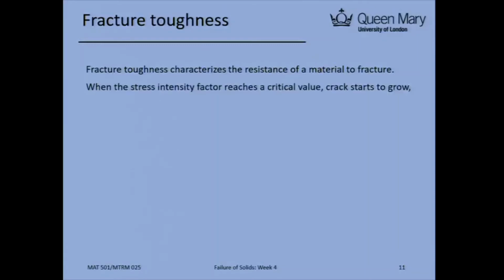Once you keep applying your loading and increase your stress, your stress intensity factor will also increase until you reach a critical value. At that value, the material will start to fracture, so the crack will start to grow. That value is called fracture toughness. It characterizes the material property, basically how strong it is in resisting fracture.